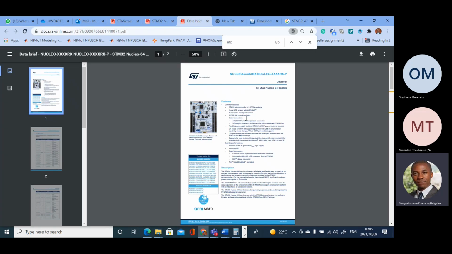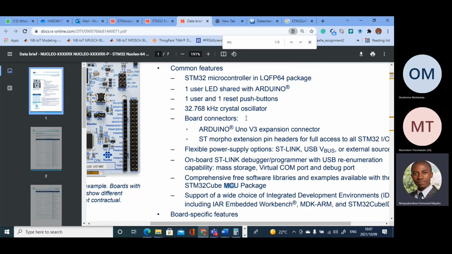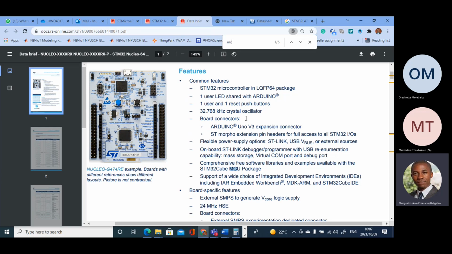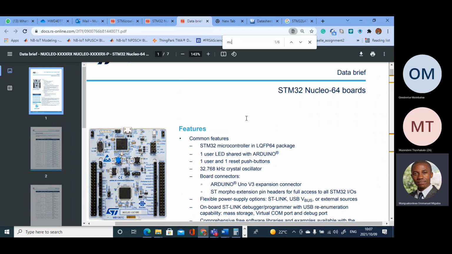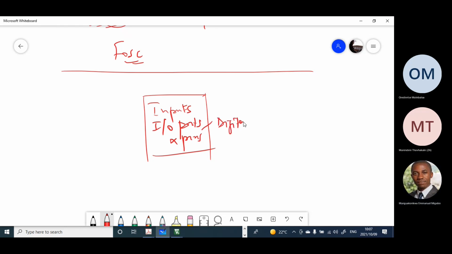Of course, that is where you have your input-output ports, first of all. That is the most basic you can have, your IOs, meaning input-output ports. In terms of input, you've got your input-output ports and pins, which can be digital or analog.